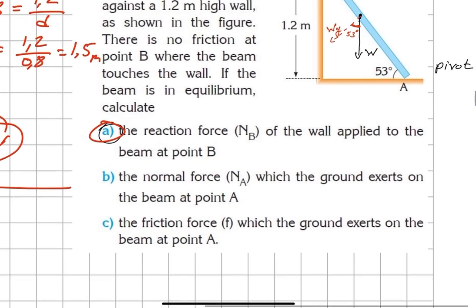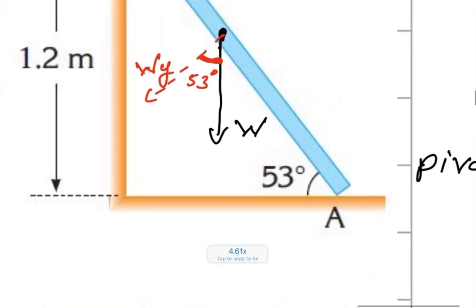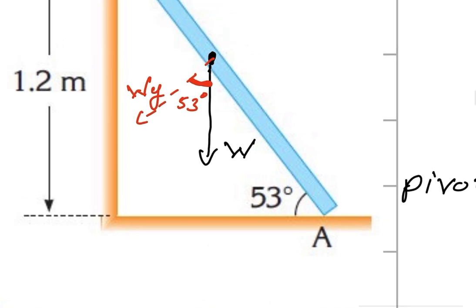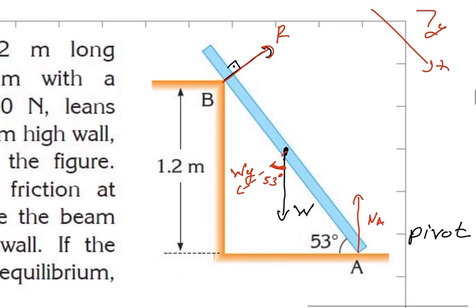The normal force NA, which the ground exerts on the beam at point A. So it will be NA at this point. And what do we have to do here? We have to apply the first condition of equilibrium. So we have to show all vertical forces, because horizontal forces don't affect the normal, only the vertical ones.